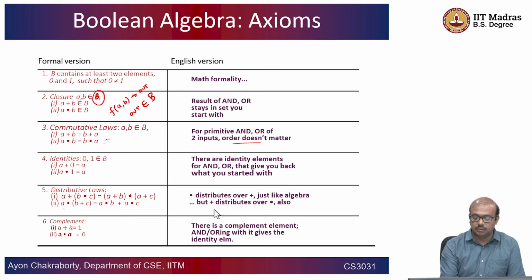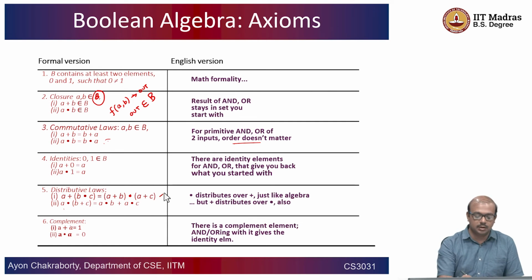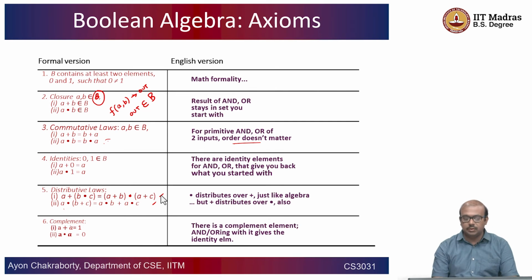So dot distributes over plus, but plus also distributes over dot, right? So you have to just remember these two expressions. Okay, and this is really useful later when you want to simplify expressions or try to manipulate expressions. This will be really handy if you remember this, recall this.